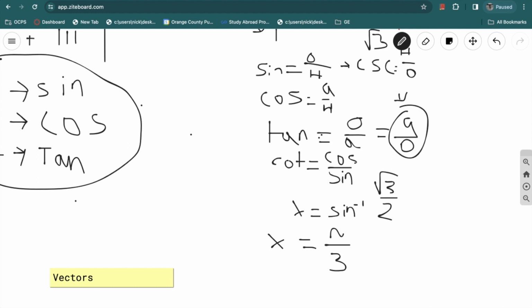And if you have to find an angle, you just take the ratio and see which angle corresponds to that ratio, just how we did here.